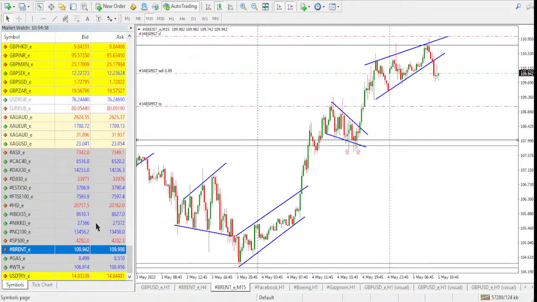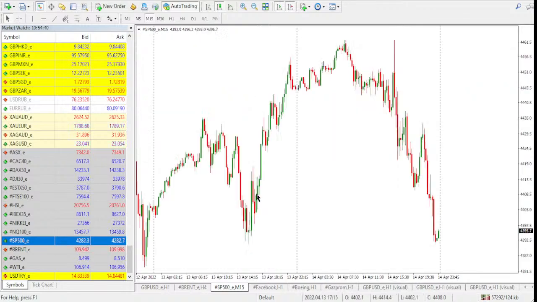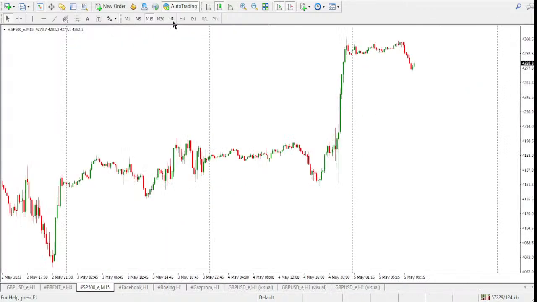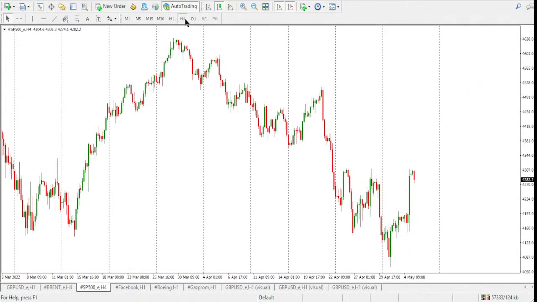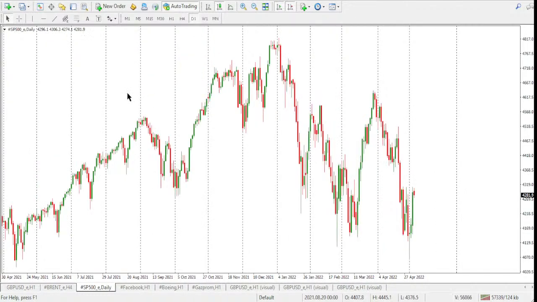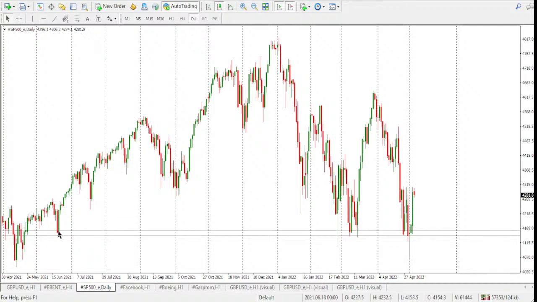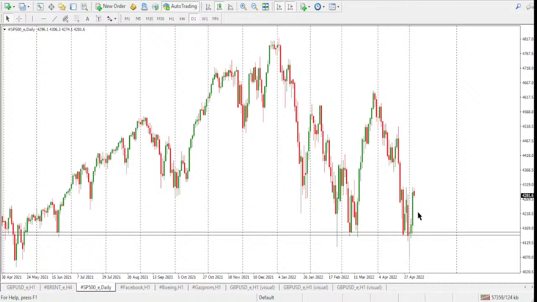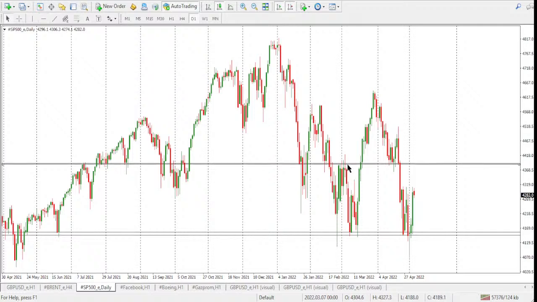So the next instrument is the SP500. Looks like the SP500 is recovering to the upper side from the support we drew previously. So you remember I indicated clearly that this is a very good place to look for a buy from. It appears that the price may likely extend to the upper side. So we are looking for more buy positions, at least up to this point.